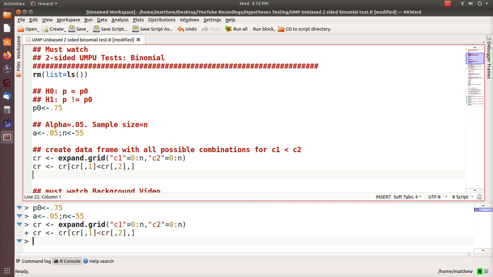Because it's all possible, it creates situations that we can't have. C1 being equal to or greater than C2, we can't have that. We're going to assume that C1 is always less than C2, so we get rid of those in that second command.